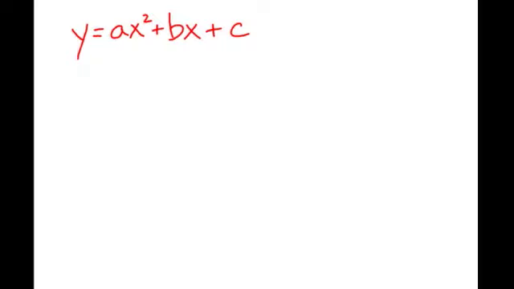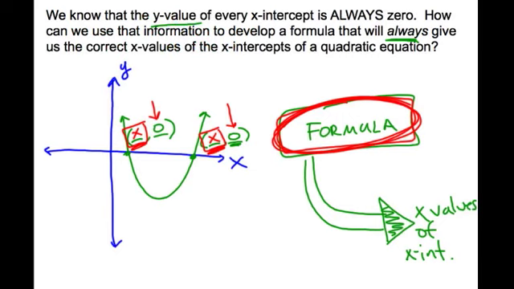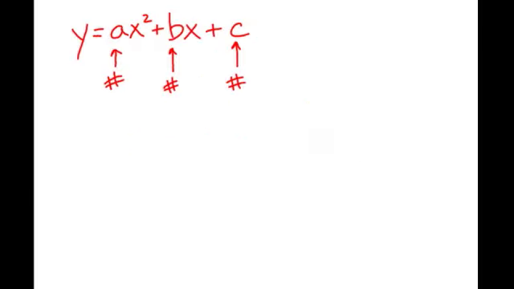We know that a represents a number in front of the x squared, b represents a number in front of the x, and c also represents a number. The first thing I said back here was, we know that the y value of every x-intercept is always 0. How can we use that information? Well, we are going to put 0 in for y.